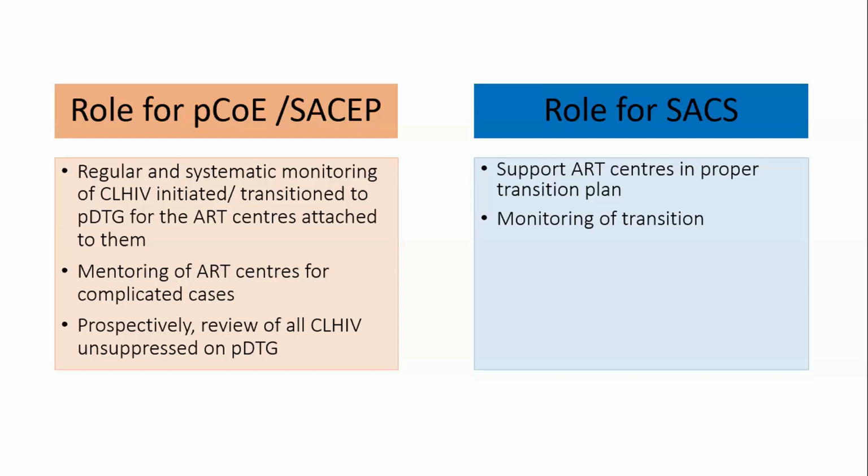Also, DTG 10 mg will be available from today. In some of the states it has already reached, in some of the states it is reaching. So maybe in a day or two, all the states will have stock of DTG 10 mg. Now, all the SACS nodal officers, CST nodal officers, please ensure that there is enough stock of DTG 10 at all the ART centers.